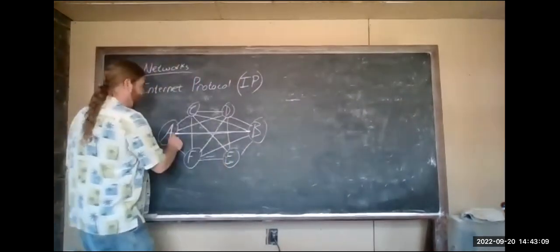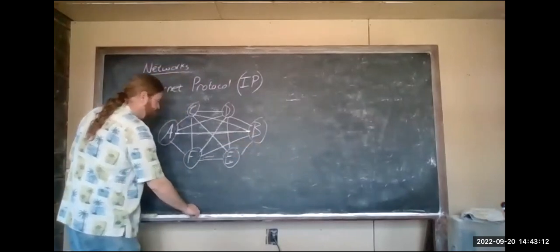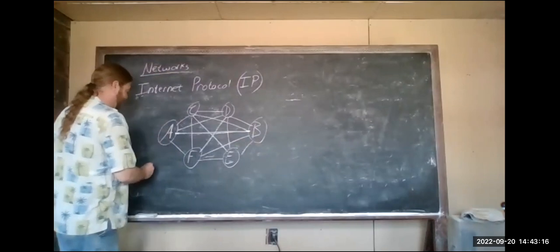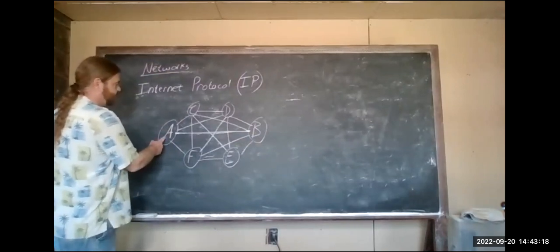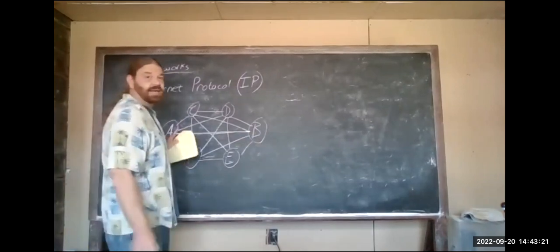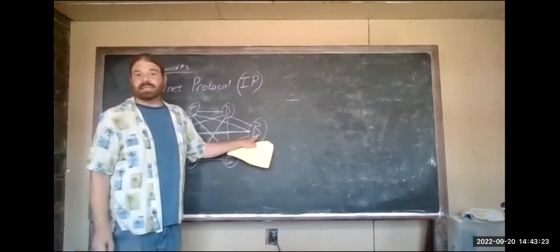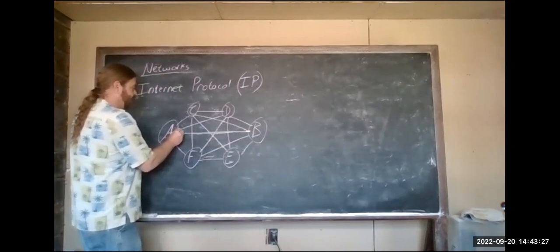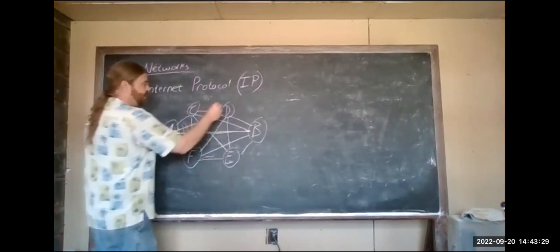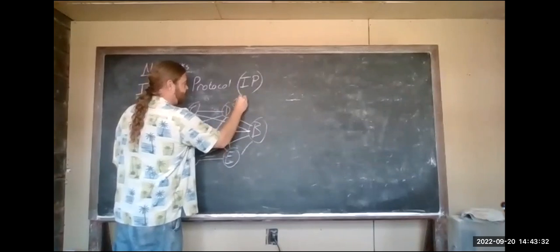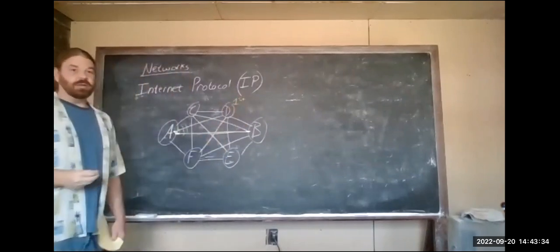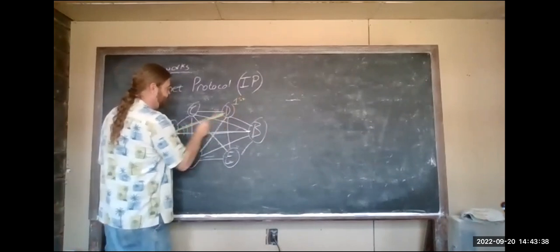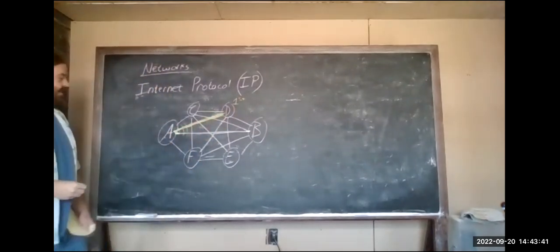So instead of just automatically going down this route, we're going to start here and we send out a broadcast that says, okay, site A needs to communicate to site B, who's available. So we send out that broadcast, and maybe site D is the first one that answers. Site D says, oh, I'm available. So that broadcast gets sent on to site B.